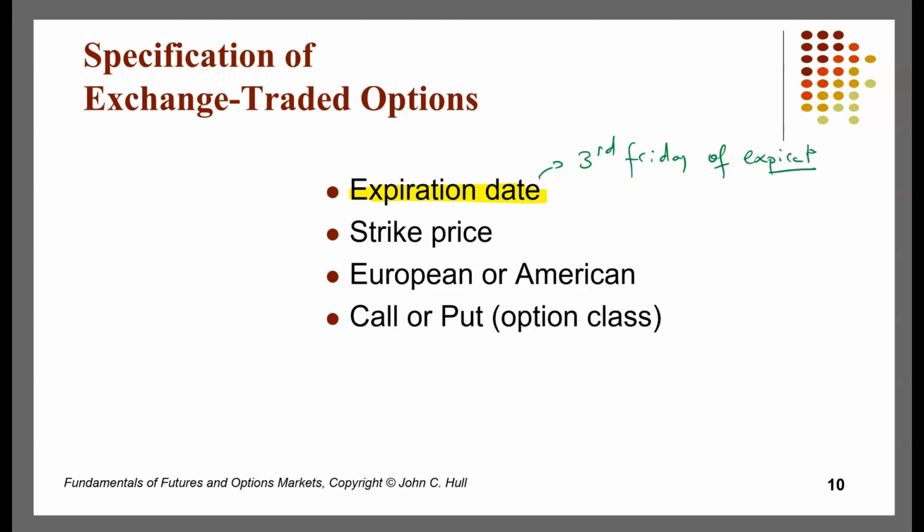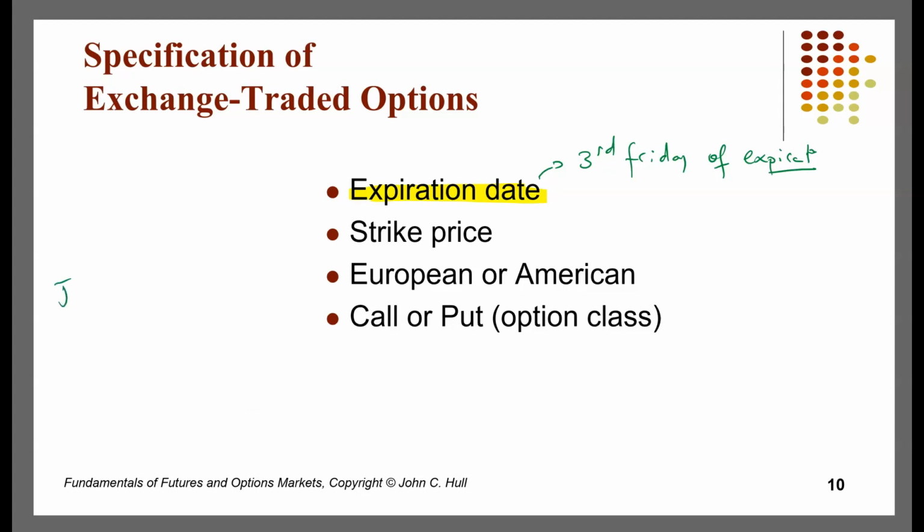The third Friday of the expiration month, and the months that are typically traded on the options market follow a cycle. So that cycle will look something like this, where it is usually 3 cycles: the January, February, and the March cycle.